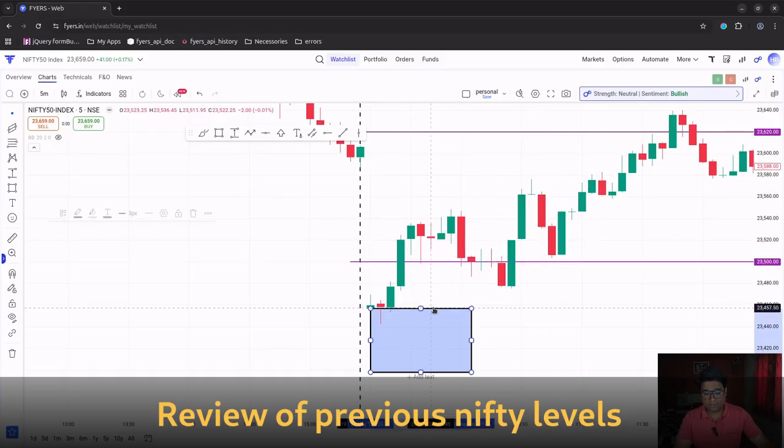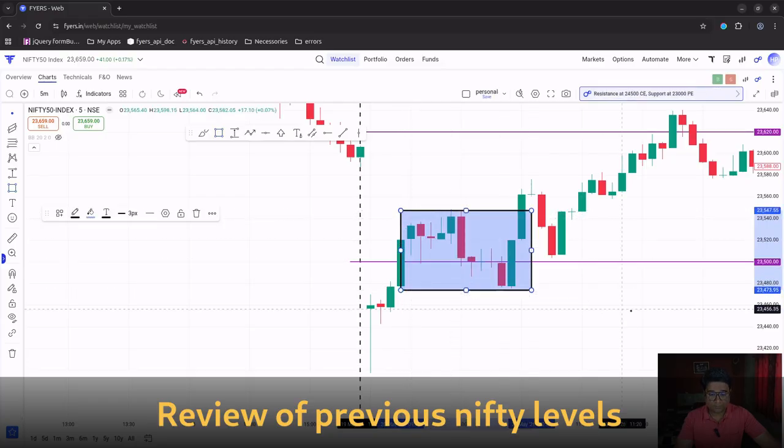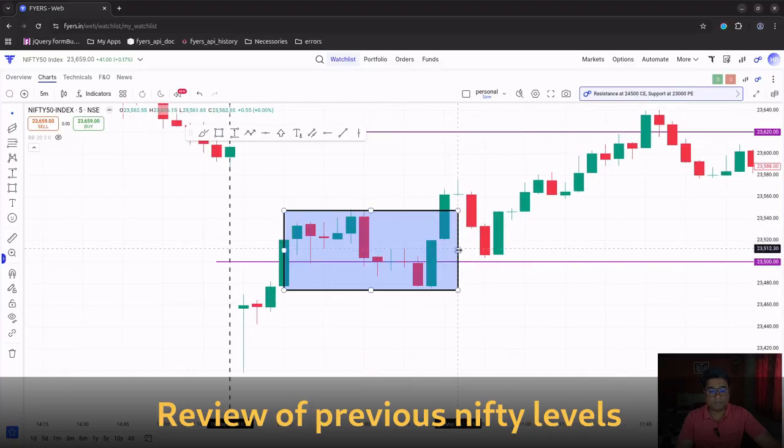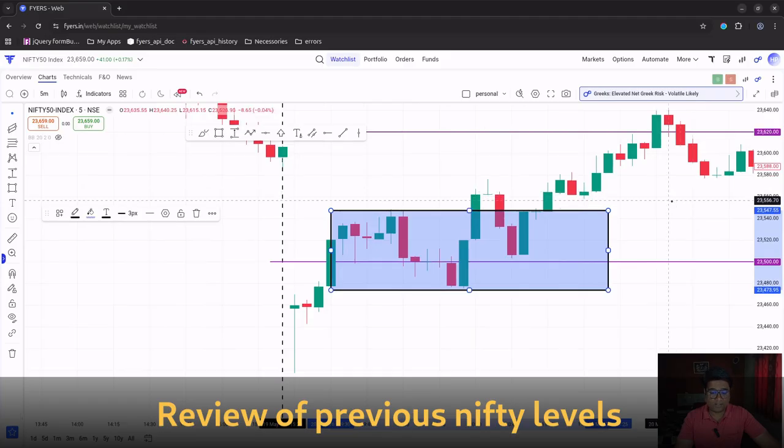Then at this point it created a consolidation here. After this candle the market went to the next target, that is 23,620, and then made a higher high.